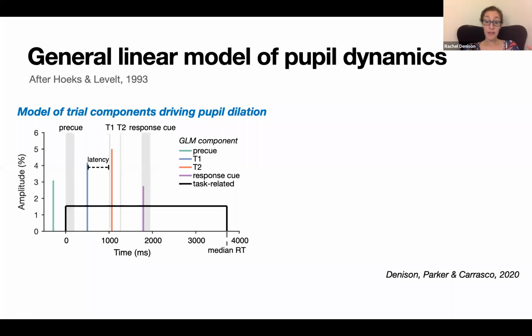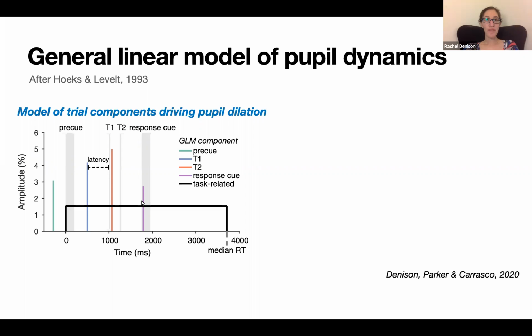To construct the model, we imagine that each stimulus event drives the pupil to dilate. And we model each of these events with a delta function with some unknown amplitude, which reflects how much the event drives pupil dilation. And we also model the latency of these events, which reflects the timing of the neural response that drives the pupil response to that event.